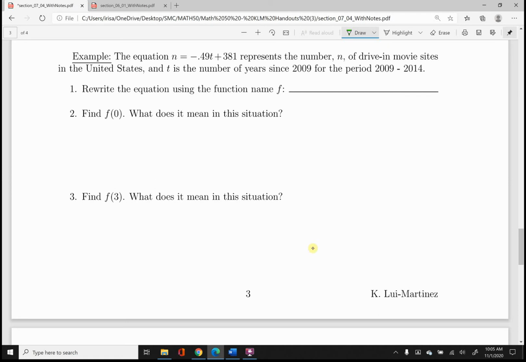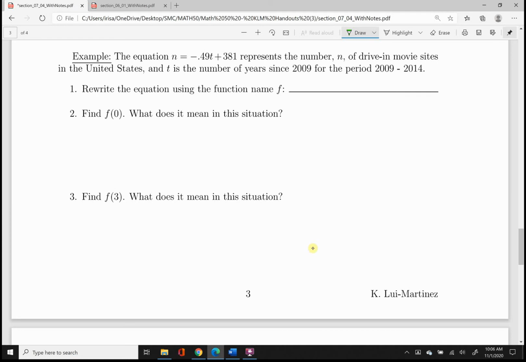So possible values for T are 0 to represent the year 2009, 1 for 2010, 2 for 2011, 3 for 2012, 4 for 2013, and 5 for 2014.